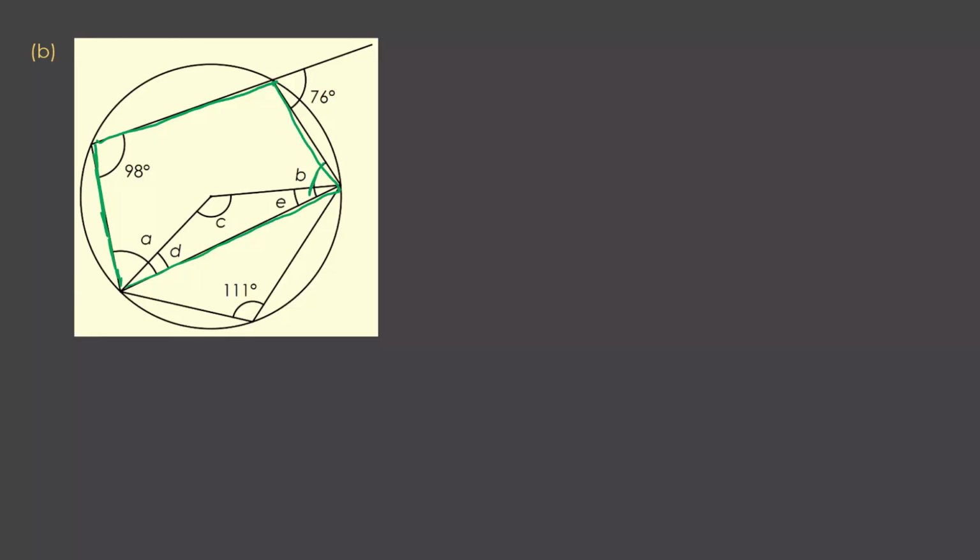And B here is the opposite angle to the 98. And since those two must add together to be 180, that tells me that B is 82 degrees. 180 take away 98.